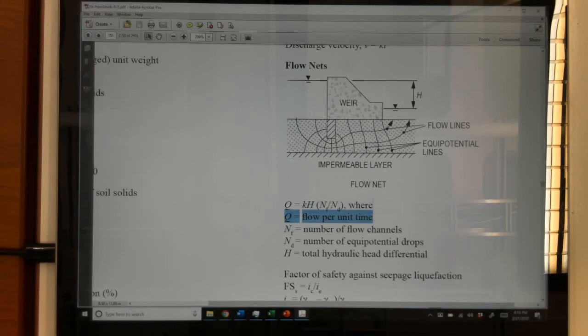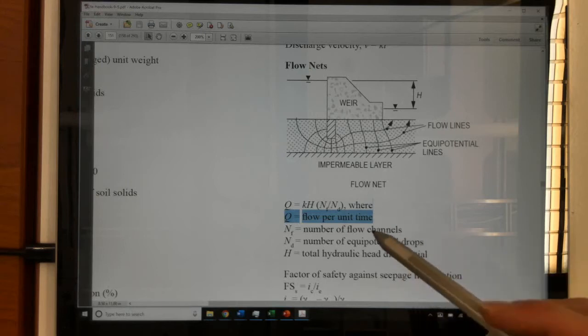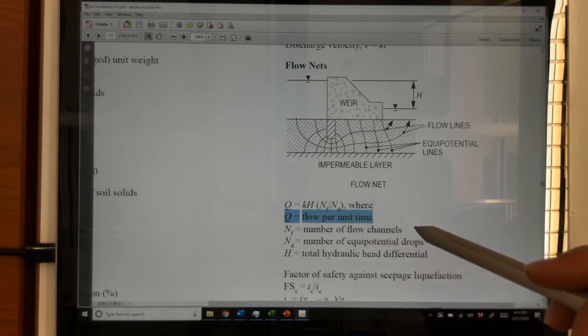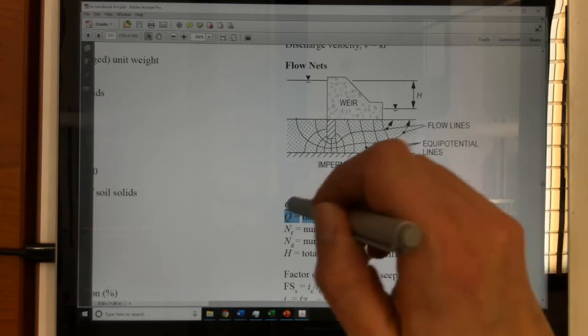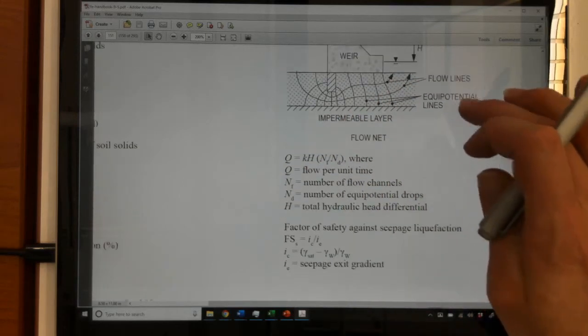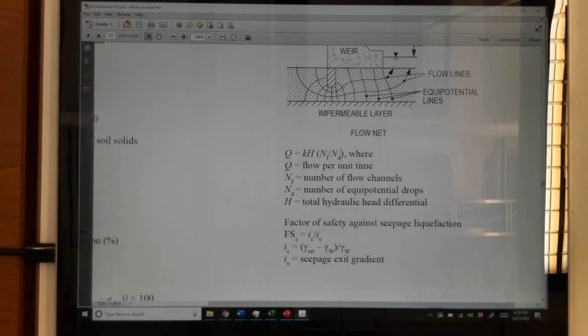You just want to pay attention again to the units to know, am I multiplying by the length of the dam into the page? That doesn't show up in this equation, but that seems to be the thing they're asking for in these example problems.